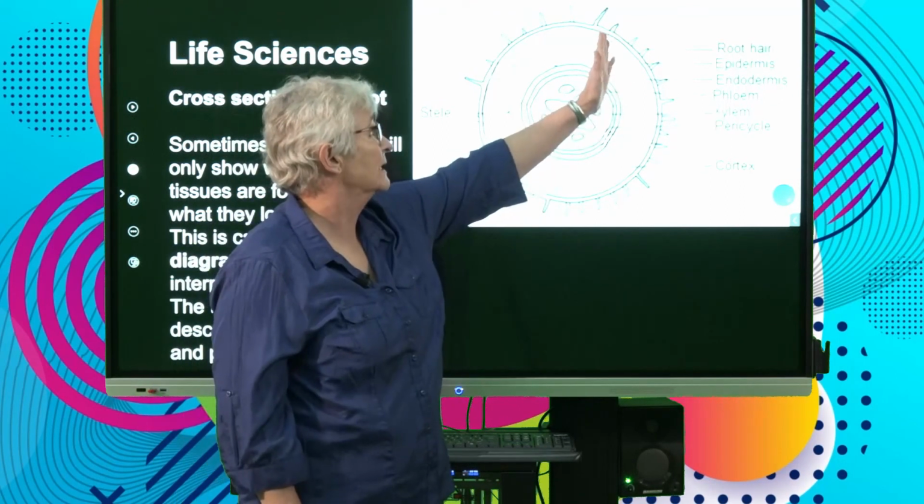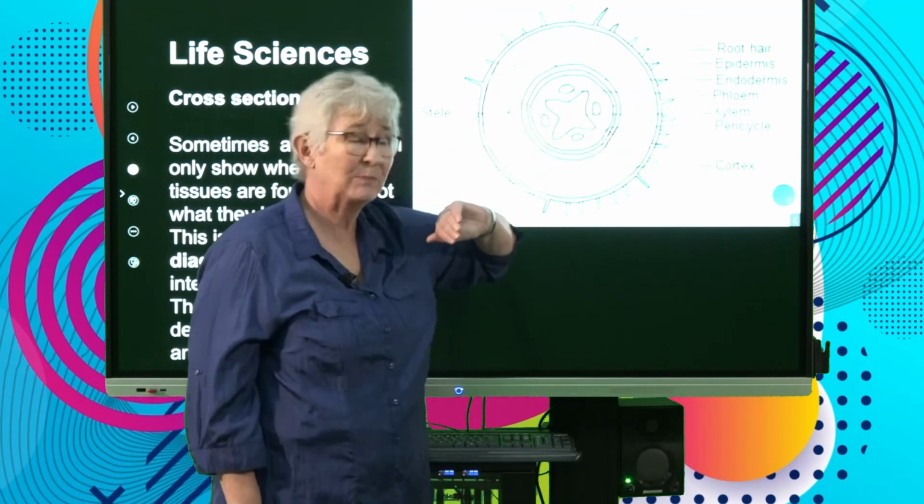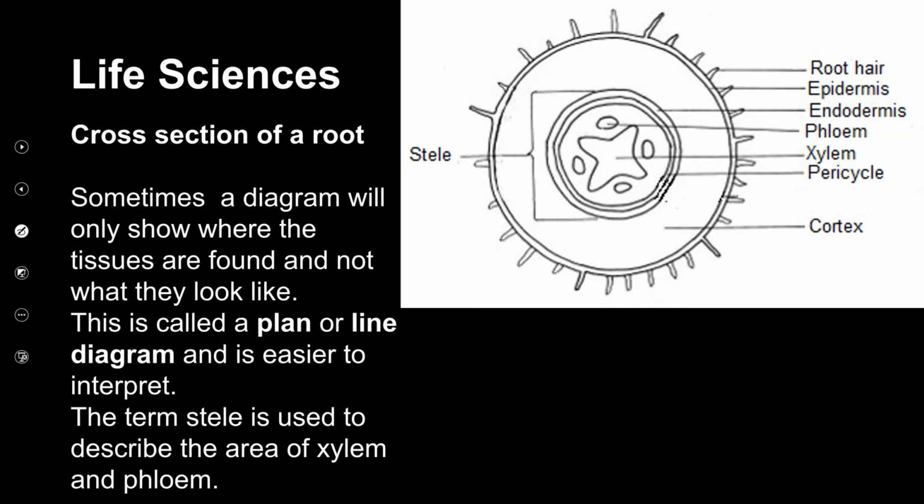So on the outside, we've got the root hairs and the epidermis, then the cortex, which is the parenchyma cells, and in the center, we have the vascular tissue, which is the conducting tissue, xylem and phloem, and that is called the vascular cylinder or the vascular stele.